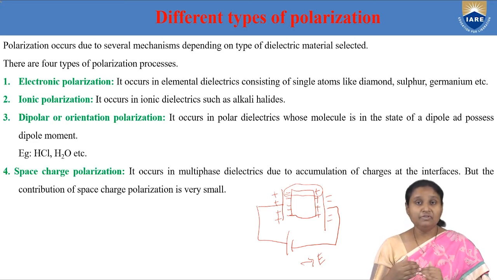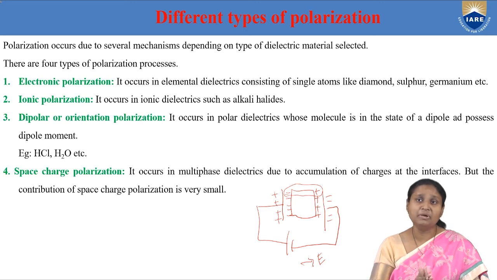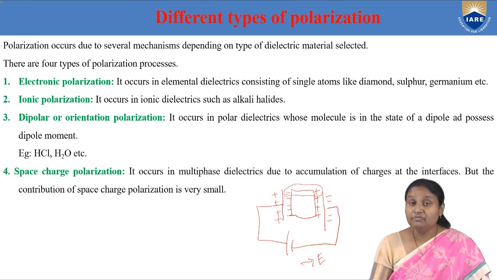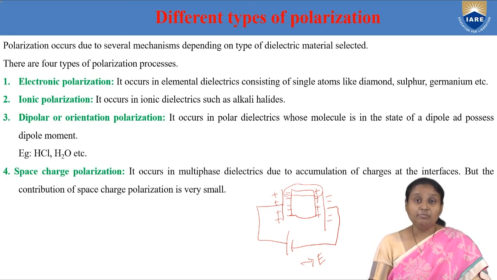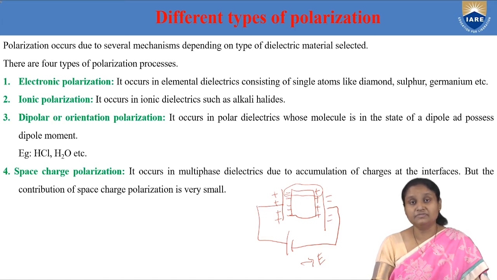So whether we are considering dielectrics consisting of single atoms, called elemental dielectrics, or ionic dielectrics, polar dielectrics, or multi-phase dielectrics, which are nothing but alloys, the type of polarization occurring on application of an external electric field will be different. Till now we have taken polarization as just a displacement of positive and negative charges.